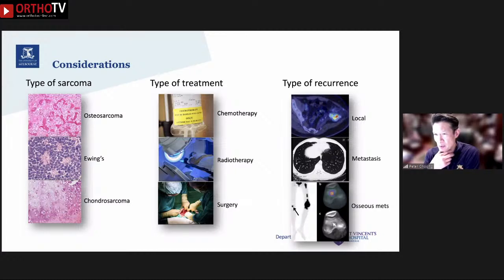Although we deal with so many different types of sarcomas and tumors, the three big ones that we think about are osteosarcoma and Ewing's because of the chemotherapeutic and potentially radiotherapeutic modalities we might use, and then chondrosarcoma because it's so easy to see that, and it comes in forms that are very heterogeneous and taxes our thinking about how we should manage it.